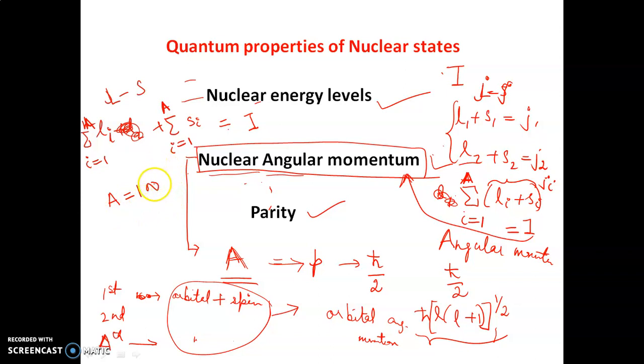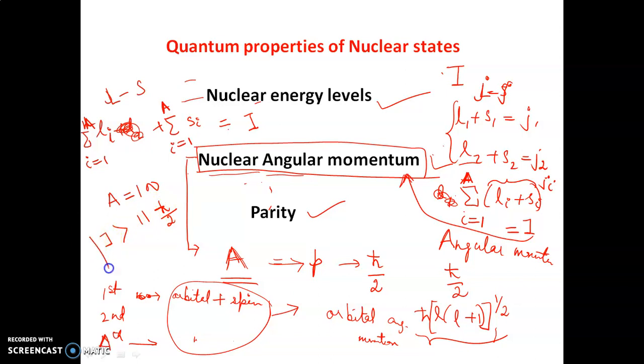But it is found that I is never greater than 11 times h cross by 2. Experimentally it has been found that this will never be greater than this.